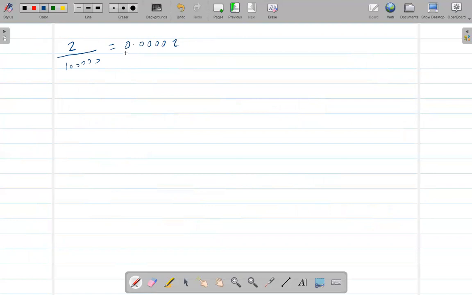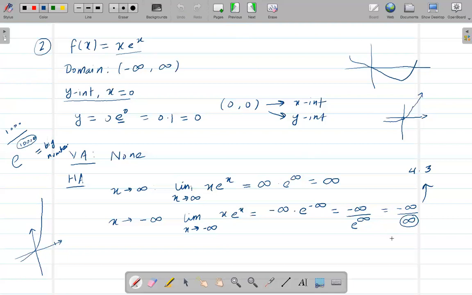So this number is the same as 0. That's why we get 0, just because e to the power infinity is much bigger than the thing on the top.